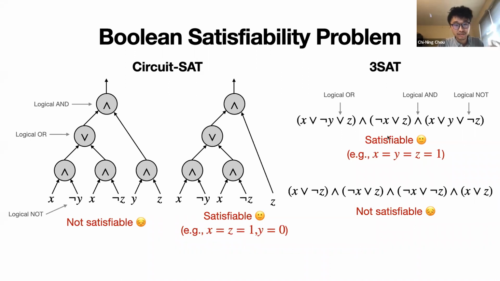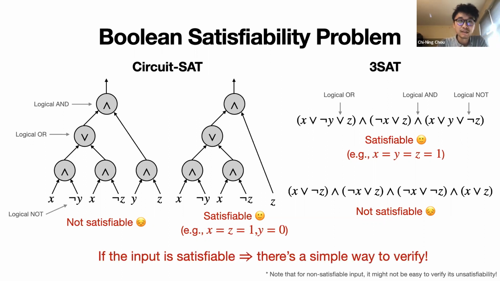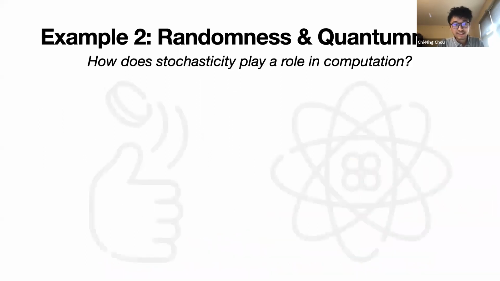You can just think of it as a canonical problem in computer science that captures the non-determinism, and I'll elaborate on this in a moment. The point here is that non-determinism refers to this: if you have a right answer, it will be very, very easy to verify it is a right answer. Okay, so I guess this is enough for the example of non-determinism.